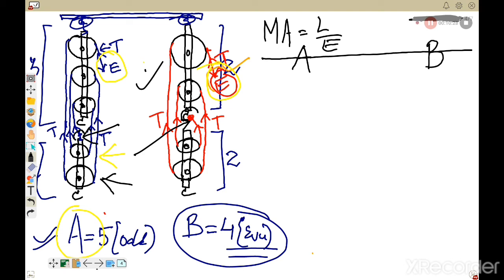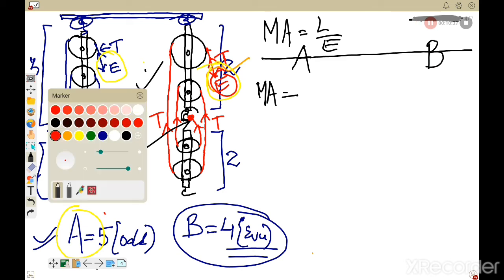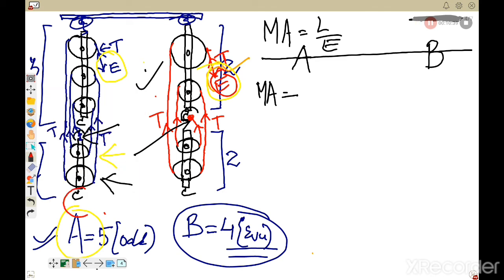Is that okay? Now MA for set A, load. Now this is the place, and let me use the red color. This is the place where you apply the load. Now this load is balanced by this segment of the string, this segment, this third, and here fourth and fifth. So how many segments of the string are balancing the load?